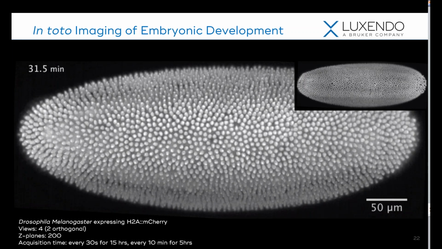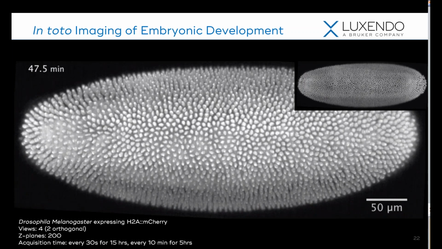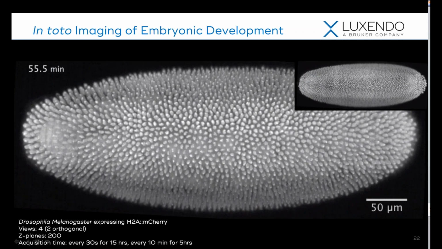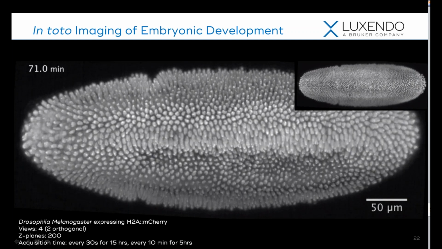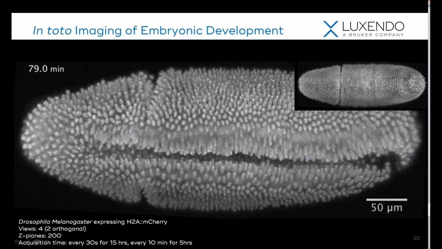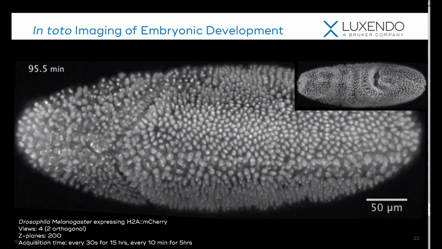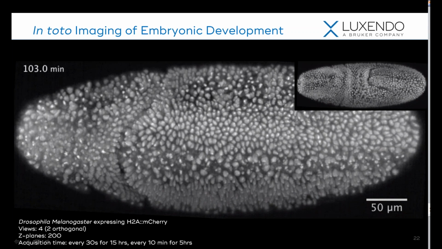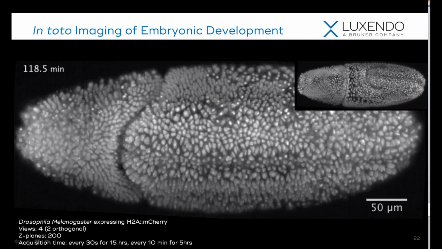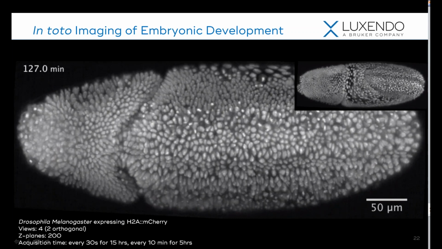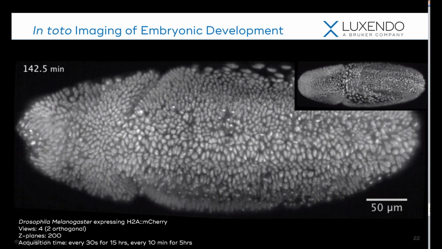So here what you see in the big image is the ventral side view of the Drosophila, and the inset up here in the corner is the dorsal view. We're looking at this embryo starting from early cycle 14. We just watched the ventral furrow formation, and now we're going to watch this embryo essentially undergo the entire process of gastrulation from start to finish until it becomes a larva and essentially eats its way out of the agarose cocoon.